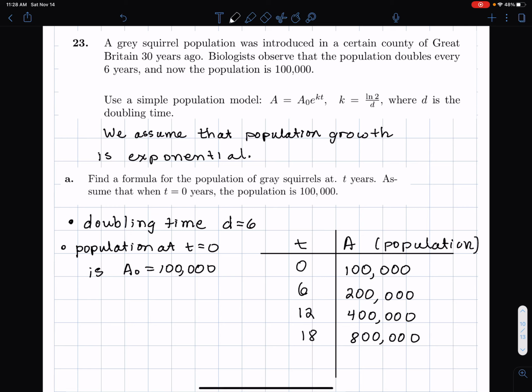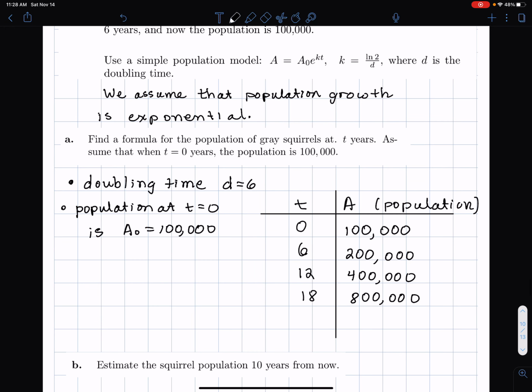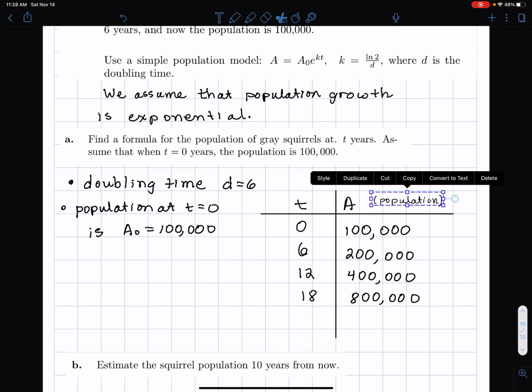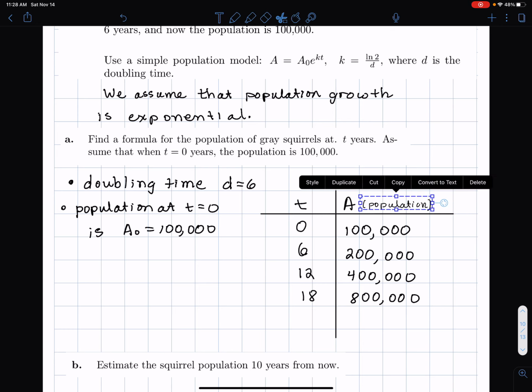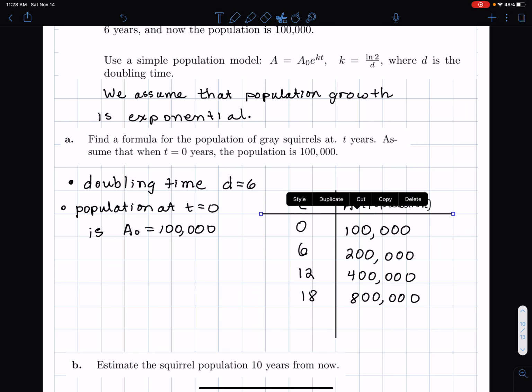The formula that's shown above, I just want to make some more space here. Maybe I could shrink this a little, move that over, and then move all this stuff over.